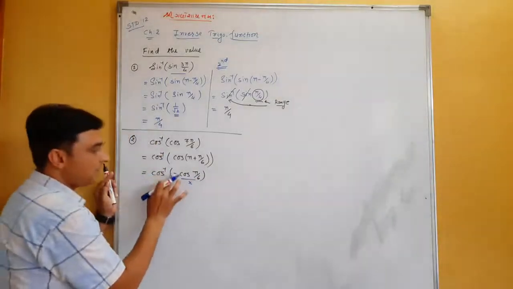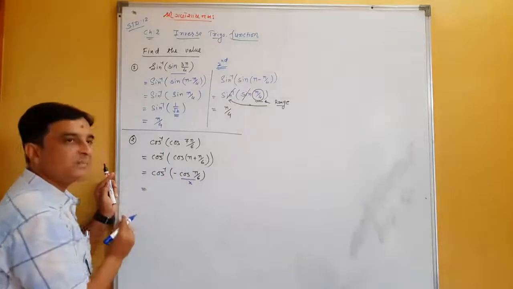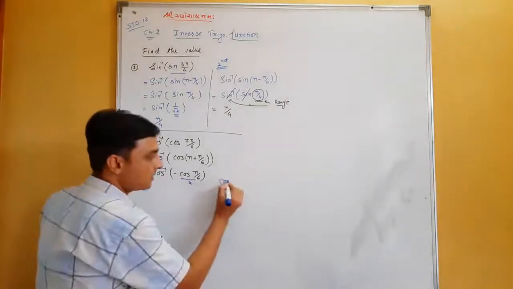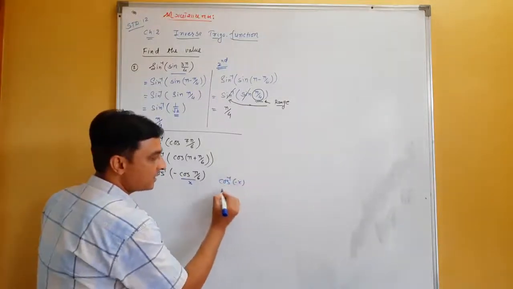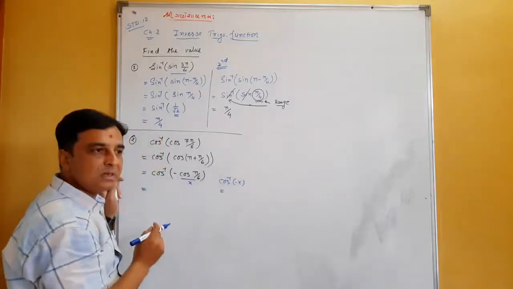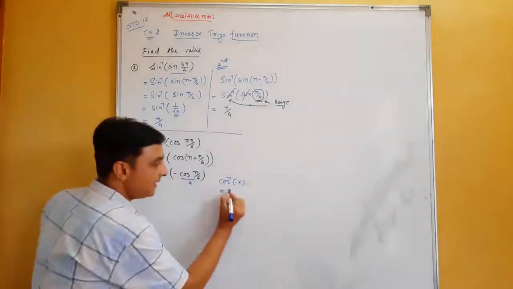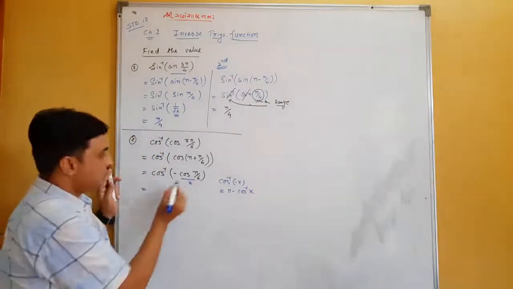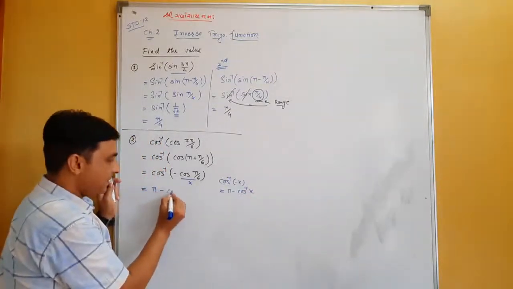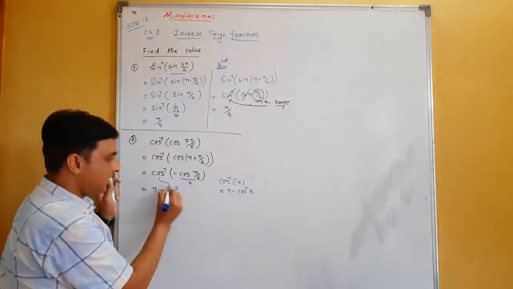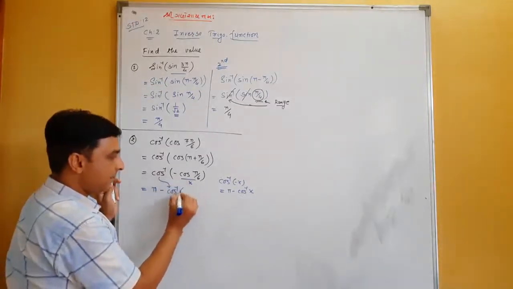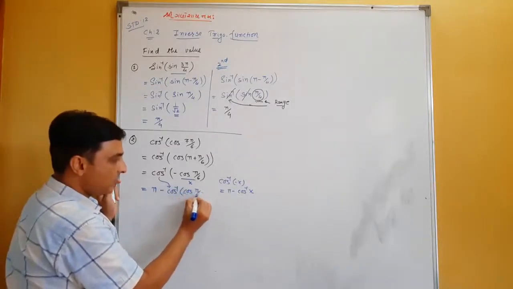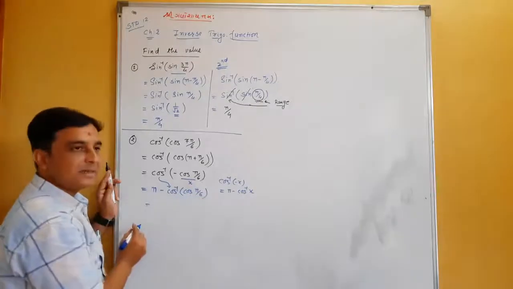So cos inverse minus x, and what is the value of cos inverse minus x? It is pi minus cos inverse x. So pi minus cos inverse, and instead of x, cos pi by 6.